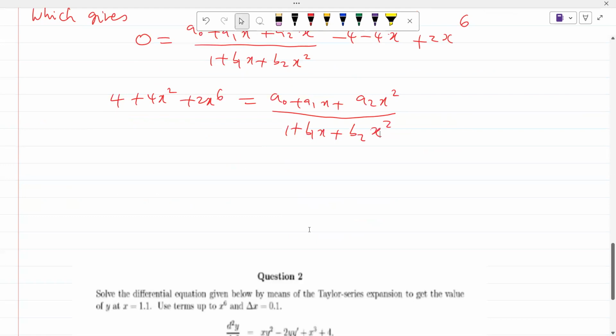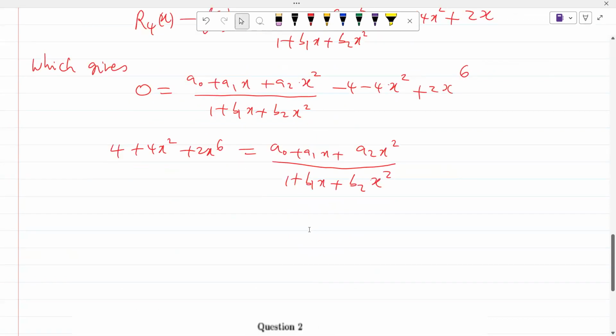Okay, so we equate these to 0 always when dealing with the Pade approximations. Right, we cross multiply this. So cross multiplying would give us exactly 4 plus 4x squared plus 2x to the 6th power. Okay, this is what we have on the left. But we multiply with 1 plus b1x plus b2x squared.